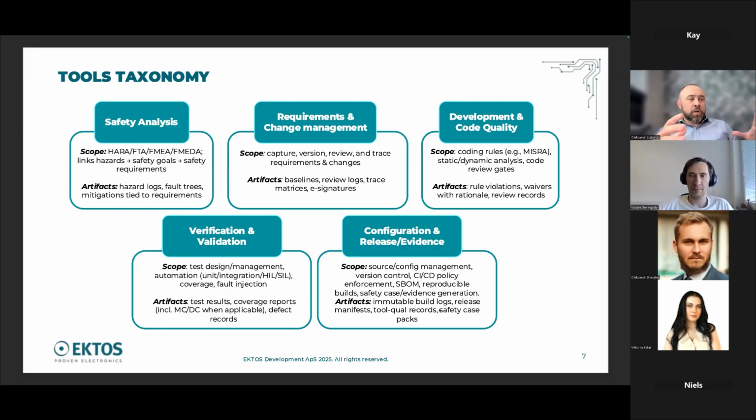So basically, here we generate build logs, release manifests, quality records, and in the very end, the safety case package, which we obviously would want to have at the end of our journey.